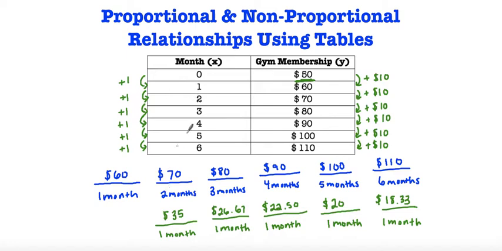And the longer you stay with this membership, the cheaper it is because you're dividing that initial cost by the months that you've been there. But regardless, it's not the same rate. Therefore, this is a non-proportional relationship. Even though you have an initial fee and then you're paying $10 per month, this is still not a proportional relationship because you're paying this initial fee up front.